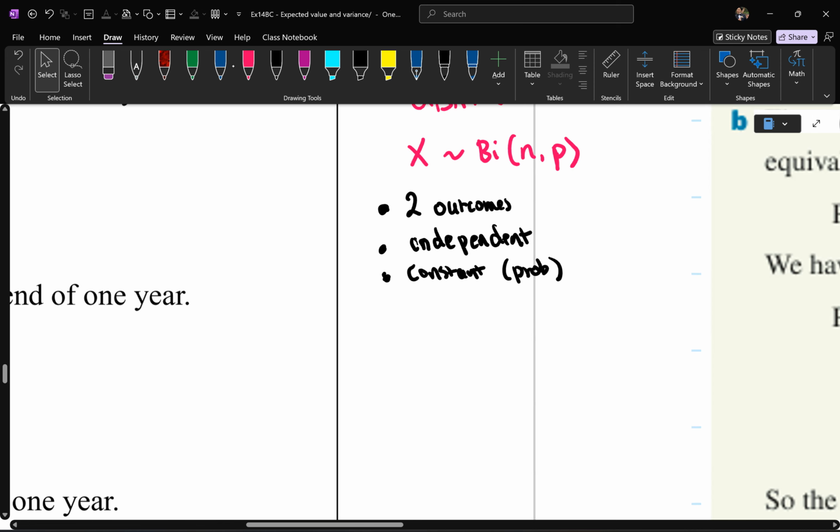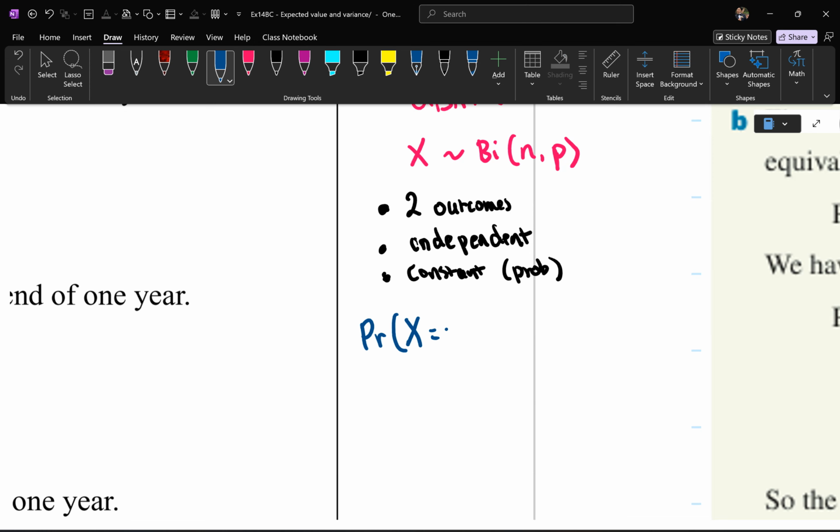Let's test your memory again. Your general binomial distribution formula: the probability of your random variable, capital X equals little x, is equal to what again? Anyone remember? Do you know the rule for the binomial distribution?